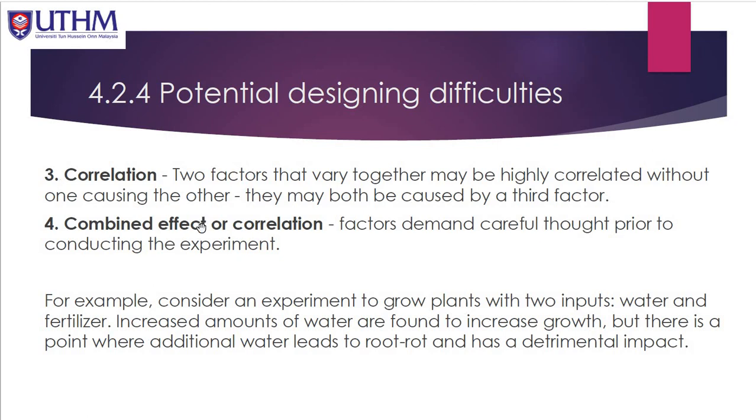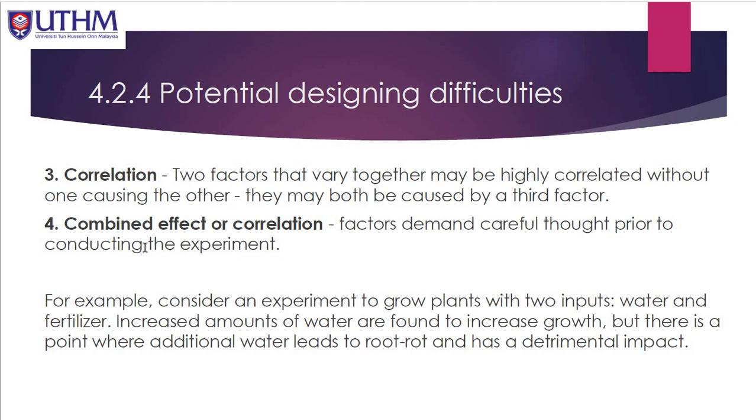Okay, and combined effect or correlation factors must be considered carefully prior to conducting the experiment. So that's why I said if you want to identify or troubleshoot the problem, you have to do it one by one. Okay, do it one by one.